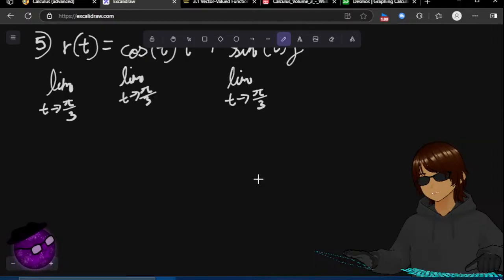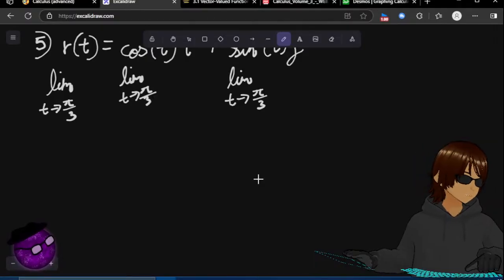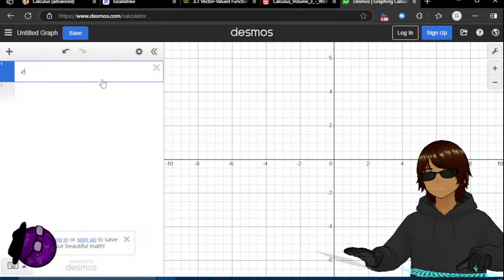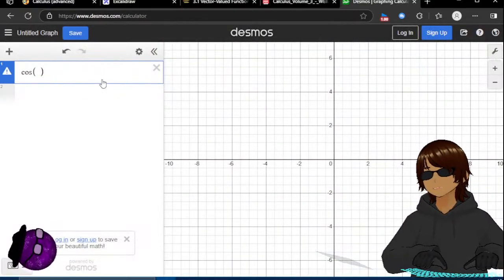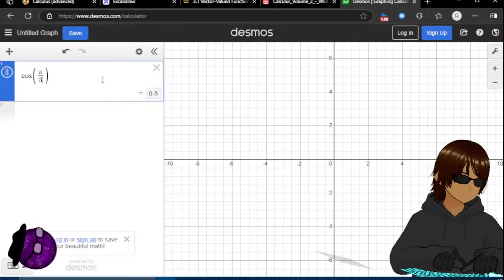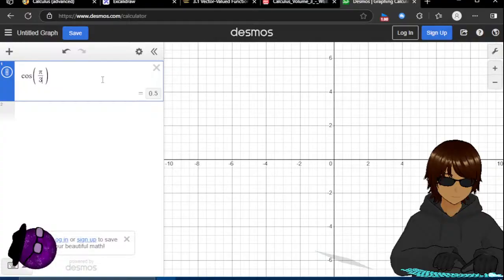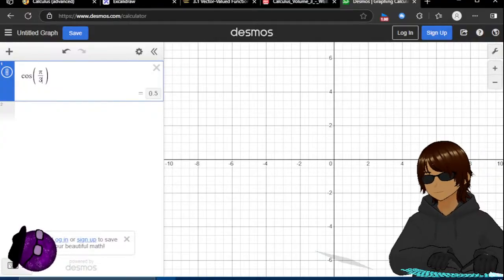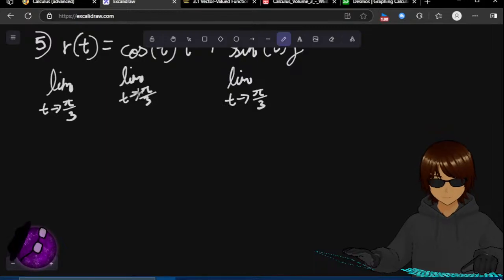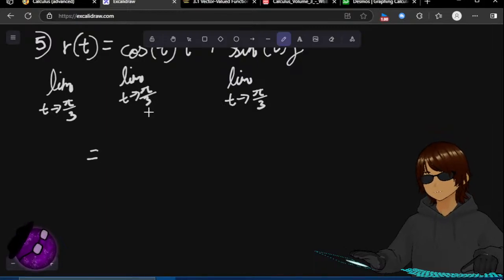Hold on, cos pi over 3 is 0.5. So cos pi over 3 would be 0.5 in the i direction.